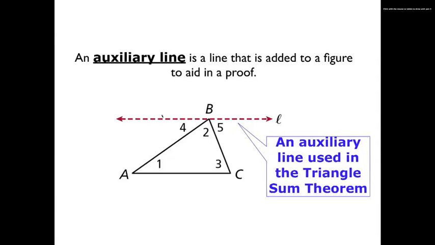What that's going to mean is that angle 1 and angle 4 are alternate interior angles and therefore congruent. And the same thing for angles 3 and 5. They would be alternate interior angles and so also congruent.